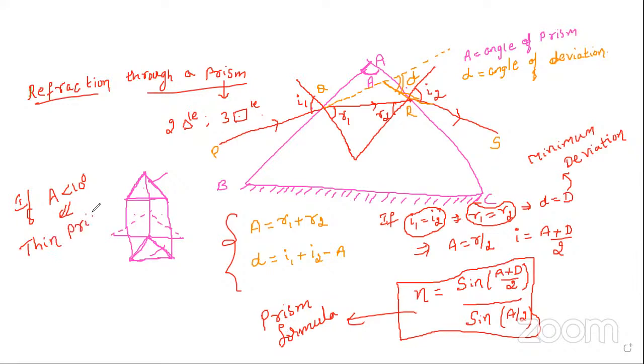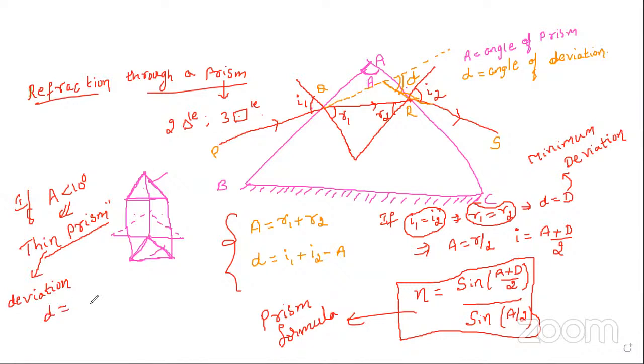What is a thin prism? Thin prism is the one whose refracting angle is less than 10 degrees.